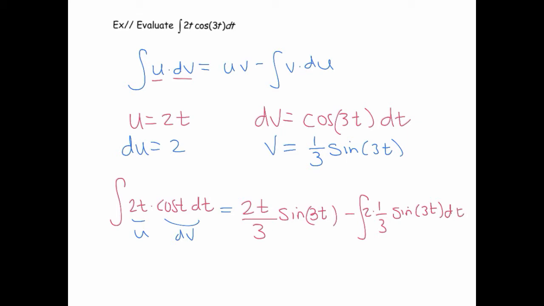Alright, and so what you can do is, I might factor out the constant 2/3. So this ends up being 2t over 3 sine of 3t minus 2/3 the antiderivative of sine of 3t dt.